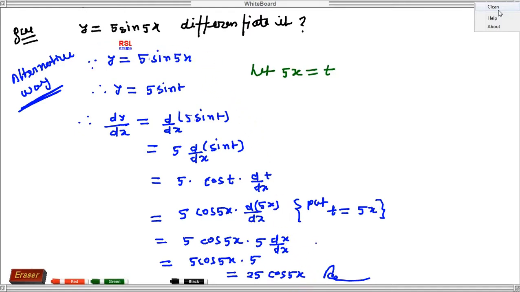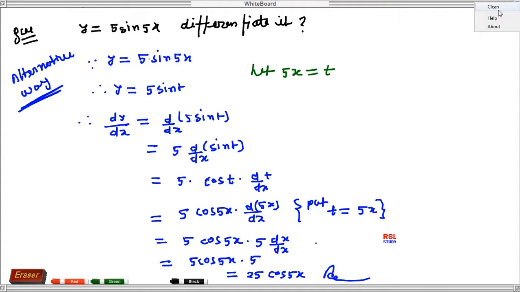This question was previously solved, but here is an alternative method. But the previous method is better than this method, because this is a time-consuming method. You have to assume many times, then differentiate like this, then again put t equal to 5x, so this will take time.